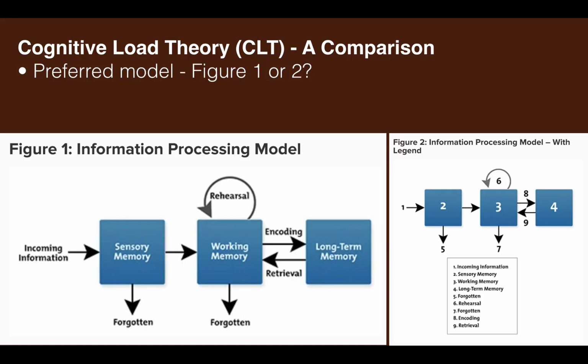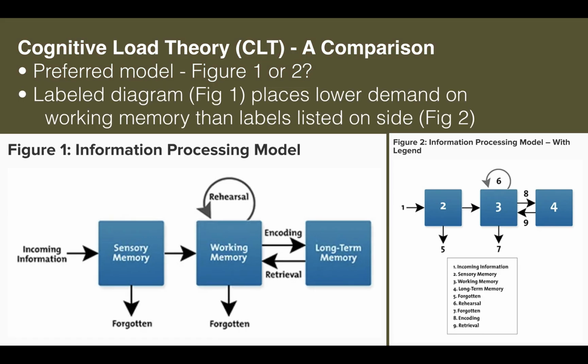Maybe a good example of cognitive load theory is this contrast and comparison of these two figures. Which of these models do you prefer to learn from, figure 1, on the left, or figure 2, on the right? I would say, based on cognitive load theory, that you would prefer the labeled diagram, figure 1, because it places lower demand on working memory than labels listed on the side.